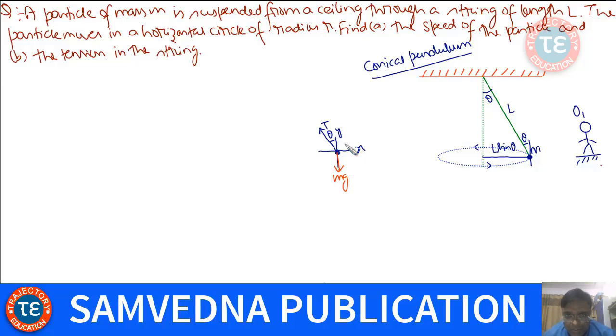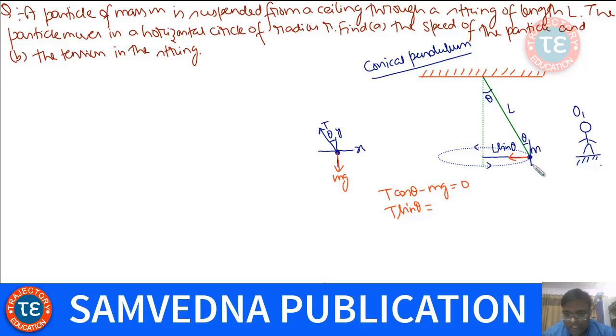Alright, so in the y direction there is no acceleration. So T cos theta minus mg is 0, and you have an unbalanced force in the negative x direction, that is in the radially inward direction. You have a net unbalanced force T sin theta, and since this body undergoes a circular motion, it has an acceleration radially inward.